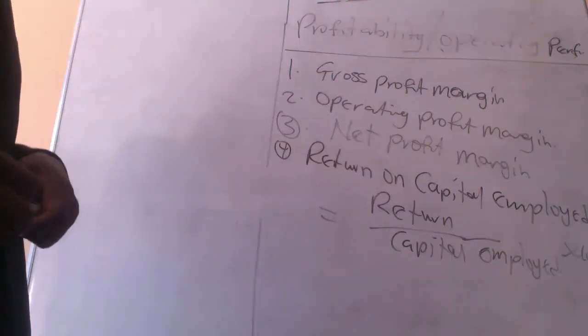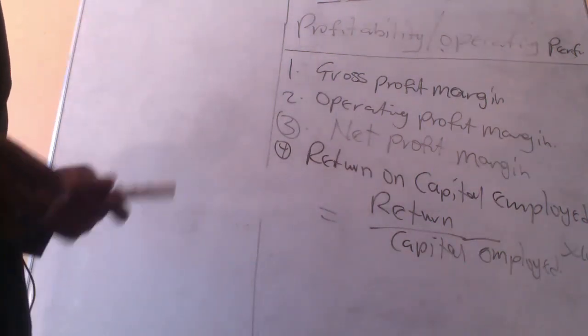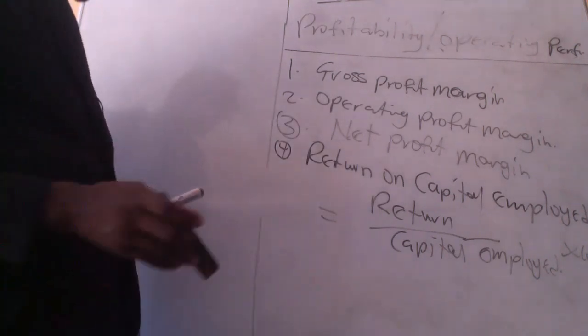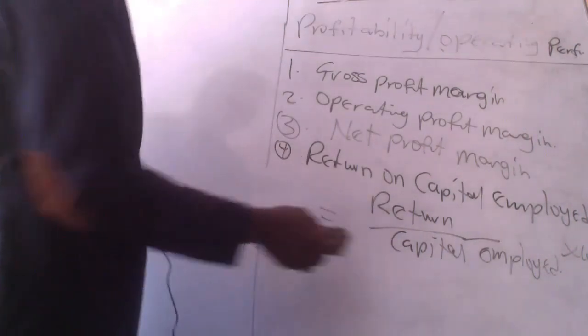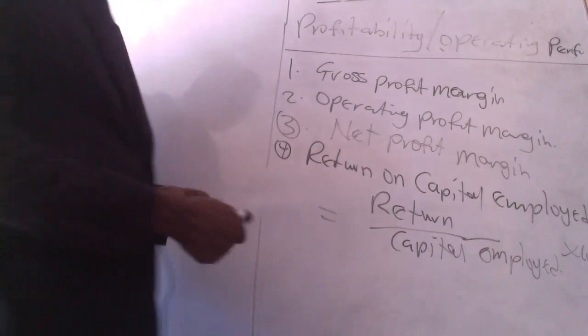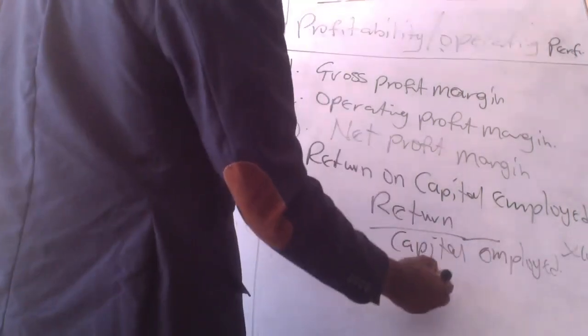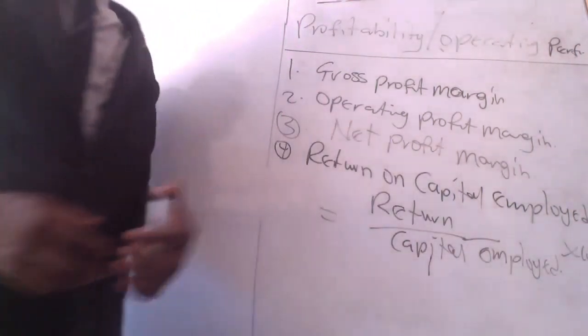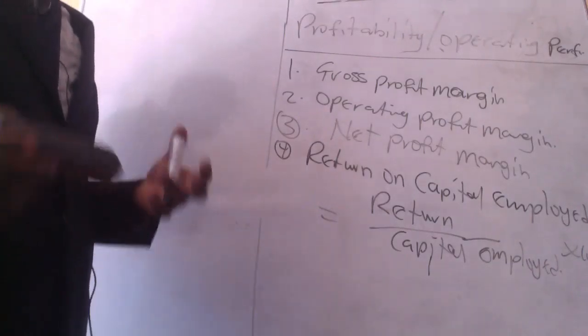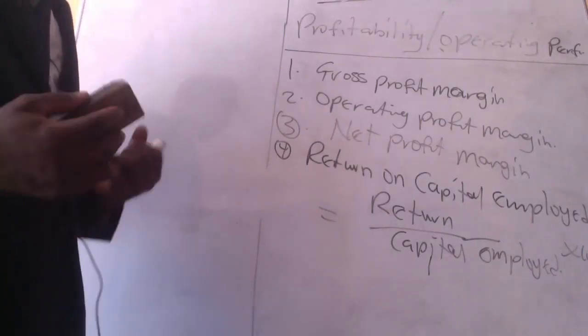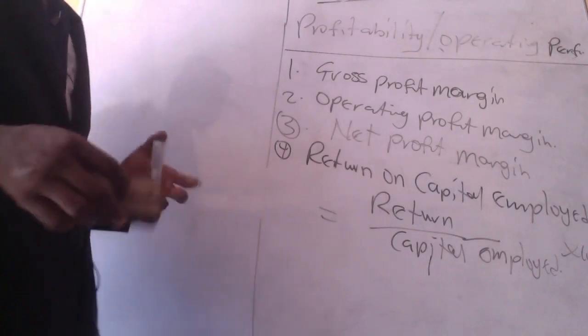So let's see. If I break it down, everyone knows that capital employed is the equity plus your long-term liabilities or long-term debts. That's the capital that you have employed in your business.